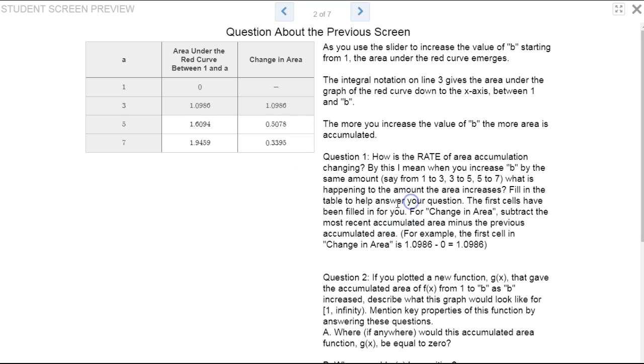What you're supposed to see is that the change in area accumulated as I move up the same distance is slowing down. We are still gaining area, so it's still positive, the rate that the curve is changing is positive, but the change in the rate of accumulation is negative.